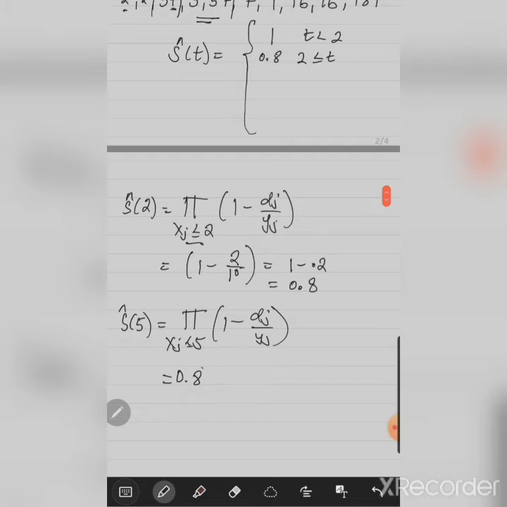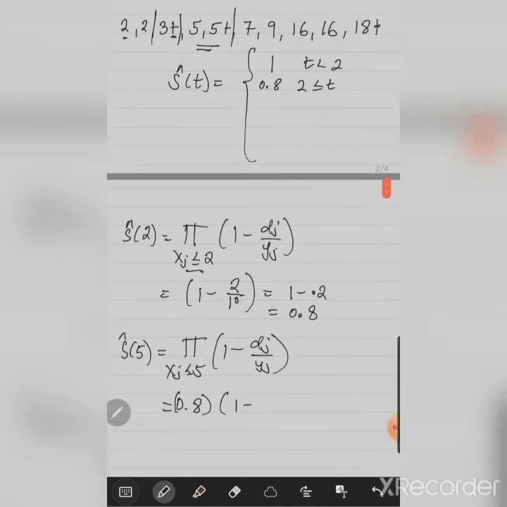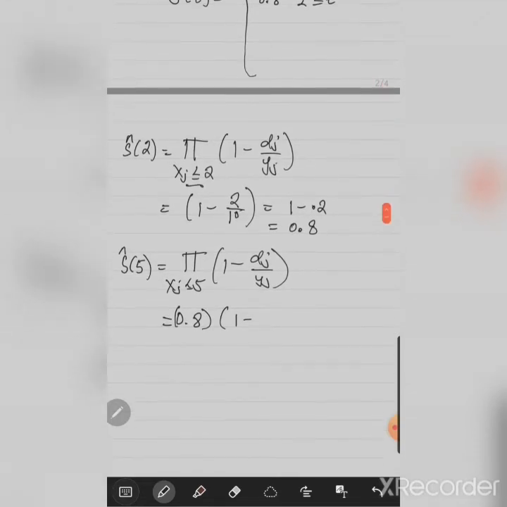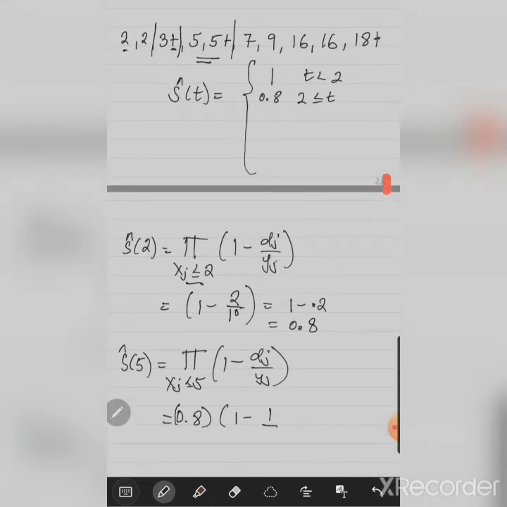So this is going to be 0.8 times 1 minus the number of events that have occurred at t is equal to 5. So we have one observation and one censored observation. So that's just going to be 1 over all the follow-up times that were at least as big as 5. So it's going to be 2, 3, 4, 5, 6, 7.